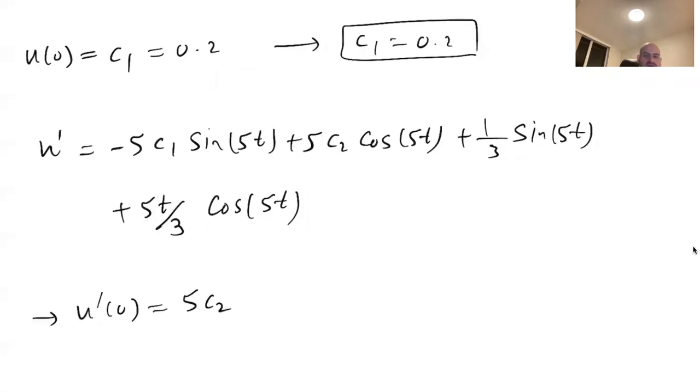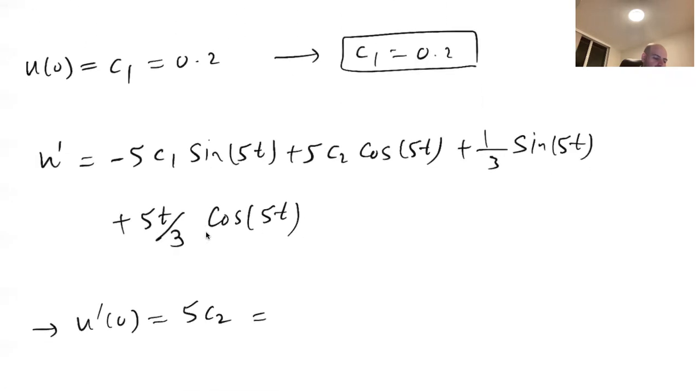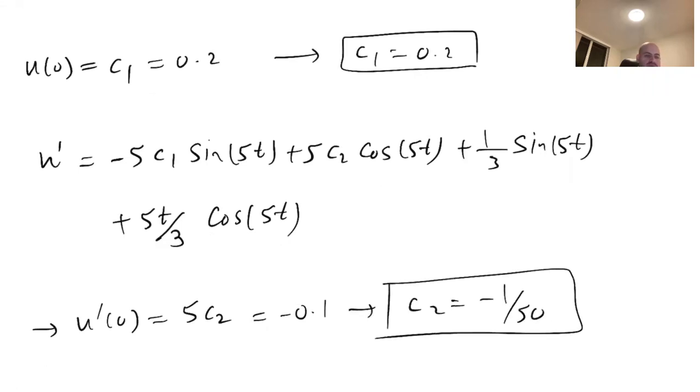If I replace t with 0, the other terms vanish, and the last term also vanishes because cos 0 is 1, but times 0 will be 0. So u prime of 0 is 5C2, which is supposed to be minus 0.1. So C2 will be equal to minus 1 over 50. So we found C1 and C2 here.